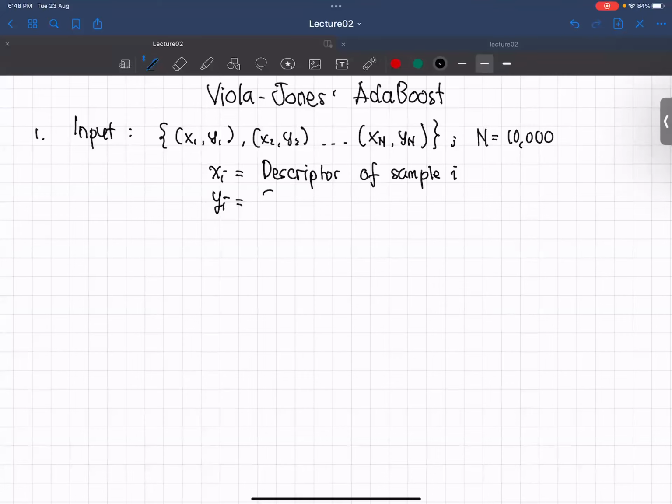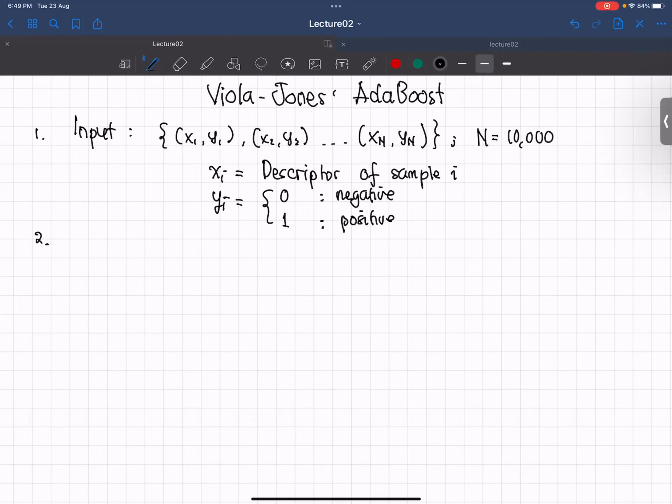Label. In this case, yi equals either 0 or 1. 0 is negative, 1 is positive. Right, so this is the input.